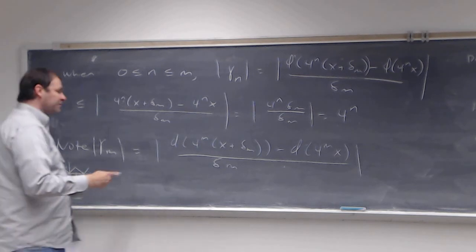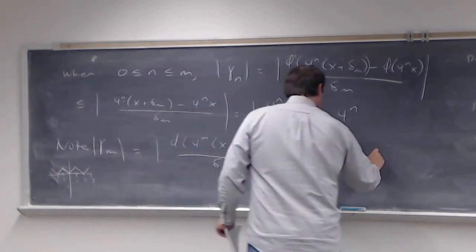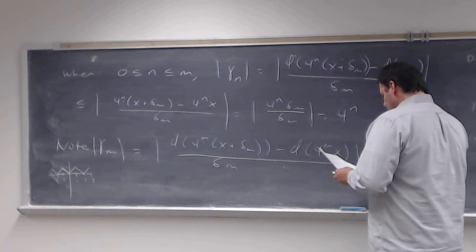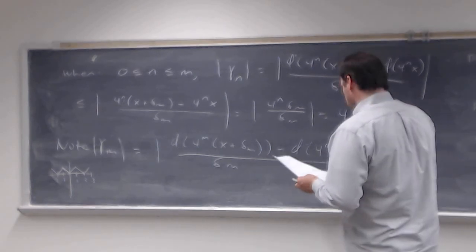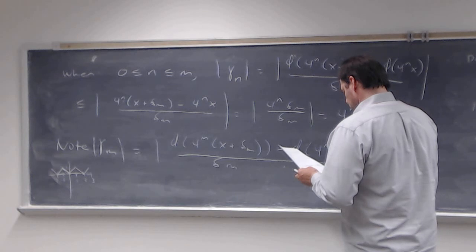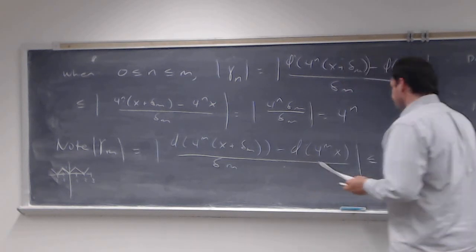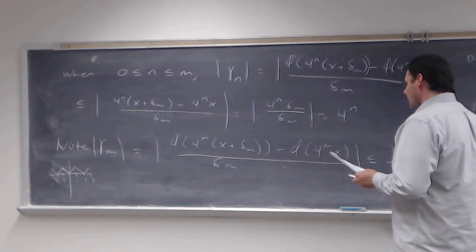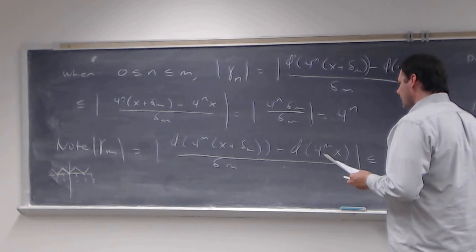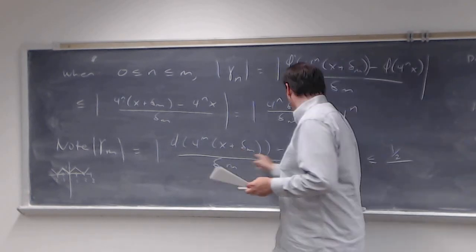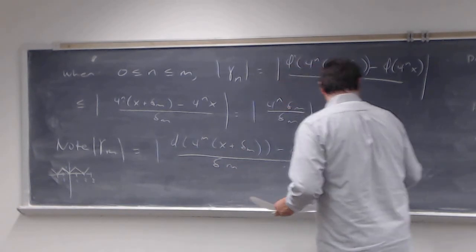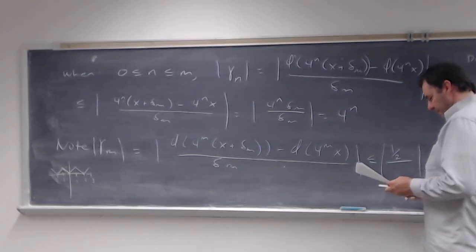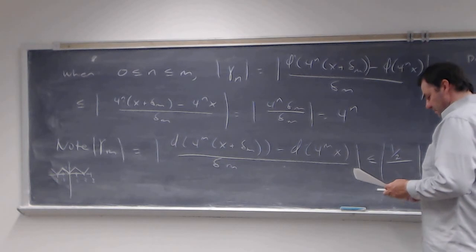And so the difference between them inside absolute values has got to be less than or equal to 1/2. That's what we get. Because here, when you multiply this out, this is going to be plus or minus 1/2. So they're just half a unit off from each other within that region between integers.